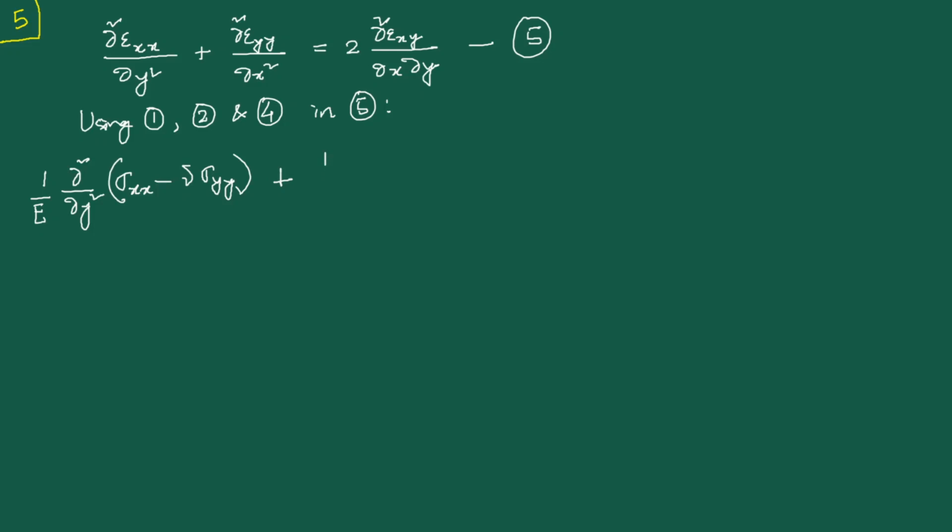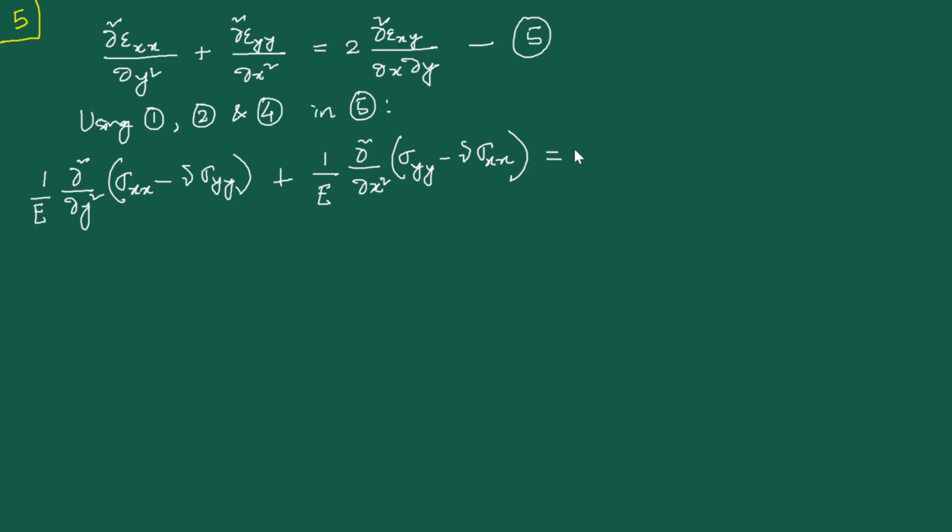Next, similarly, we'll have the 1 by E coming out of this second order derivative, del square by del x square, and inside for the epsilon yy we have sigma yy minus nu sigma xx.